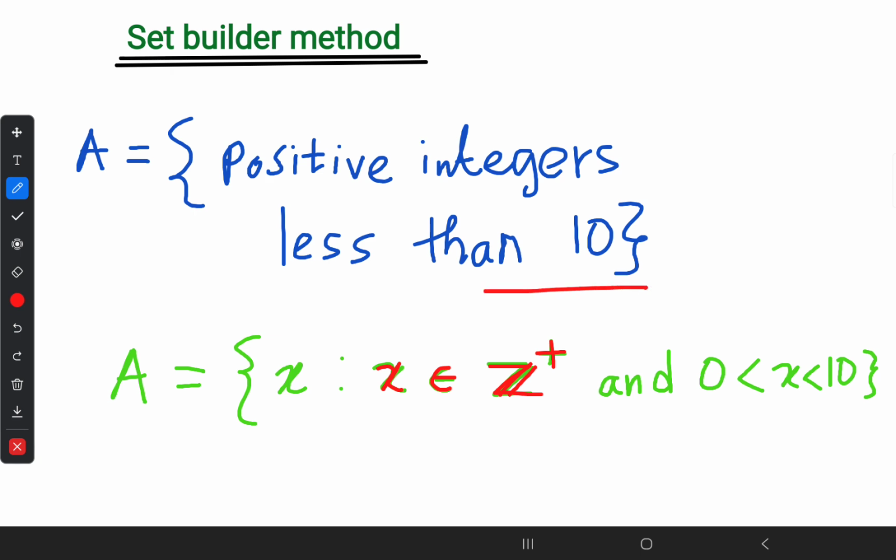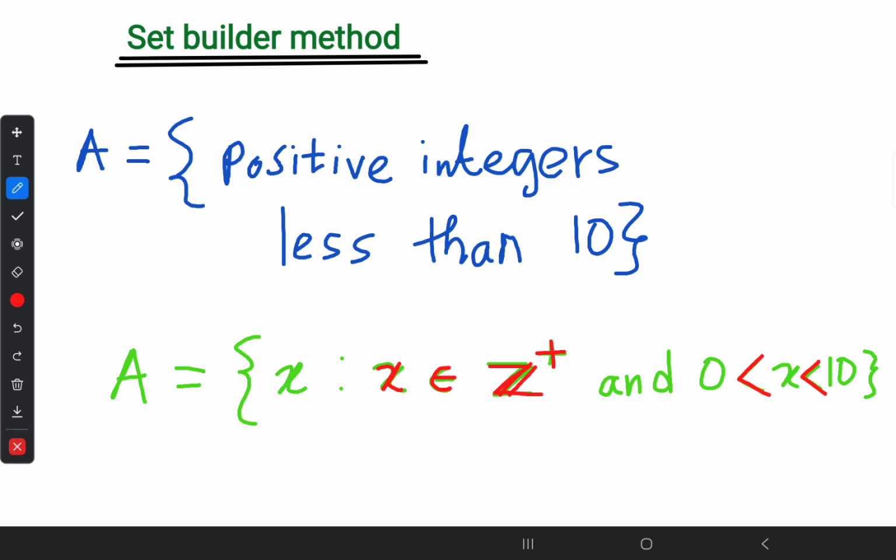In the question, they mentioned less than 10. So we have to incorporate both of them, both included like this. The value should be greater than 0. That's why I used the symbol like this: the pointed side towards 0, the open side towards x. So the x value should be greater than 0, and x is less than 10.